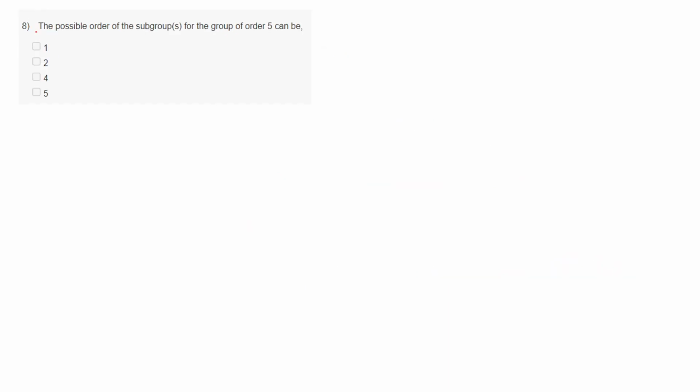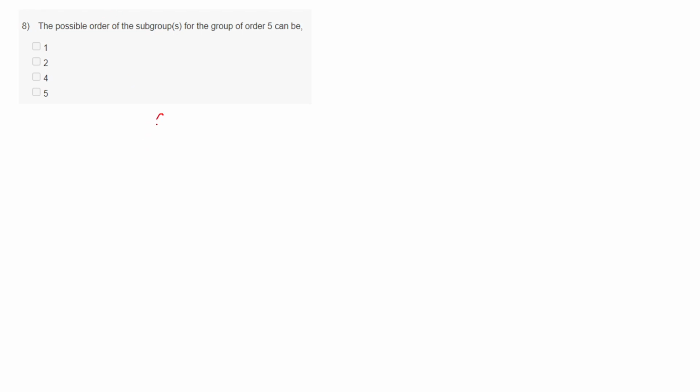Now let us move to the next one. The possible order of the subgroup for a group of order 5 can be... Okay, so we know the Lagrange theorem: for any finite group G, the order of every subgroup H of G divides the order of G, right?